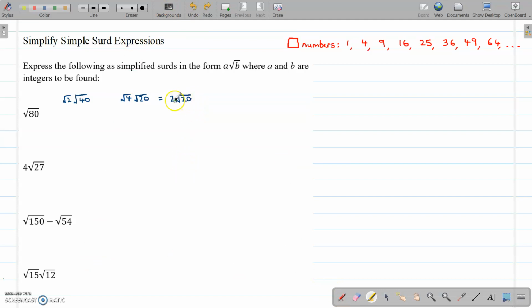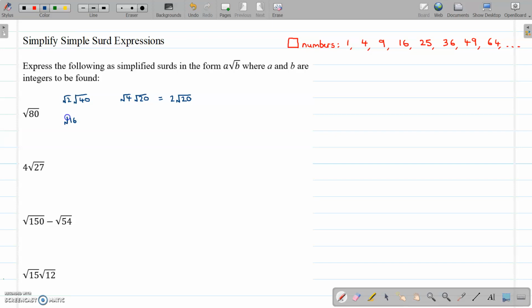What I should have done is look at my list of square numbers and look for the largest square number that is a factor of 80, and I would have noticed that it's 16. 16 goes into 80 5 times, so instead of root 4 root 20, I should have looked at root 16 root 5.